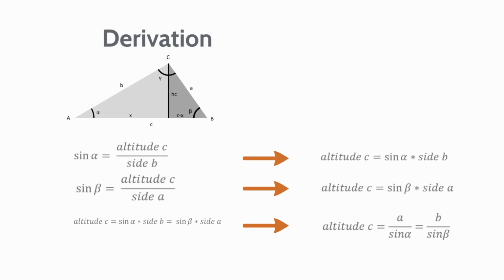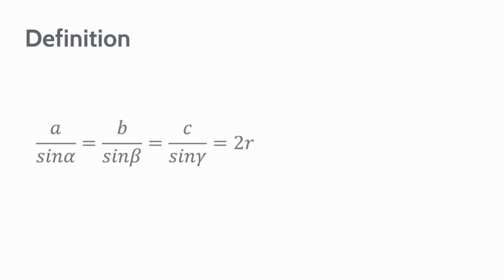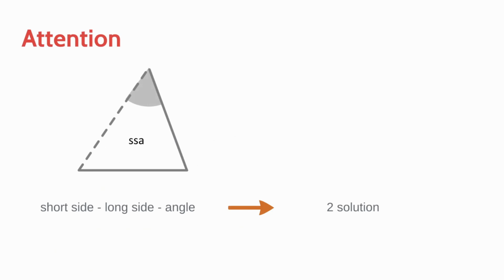So now we know why the definition of the law of sines is a divided by sine alpha is b divided by sine beta is c divided by sine gamma. Attention, if we have short side, long side, angle, we will have two solutions.